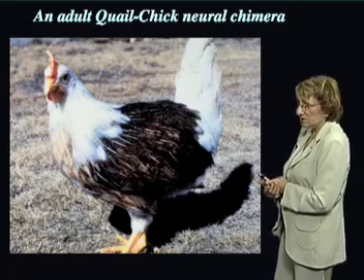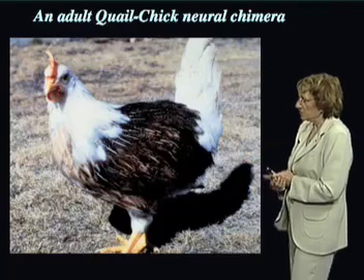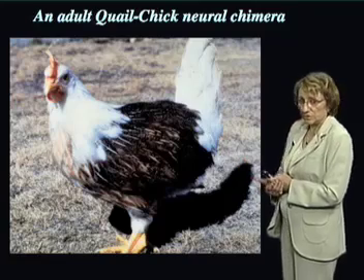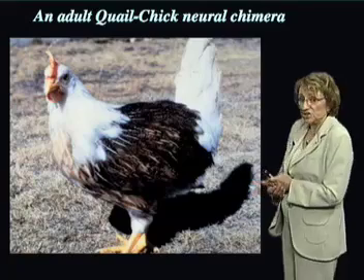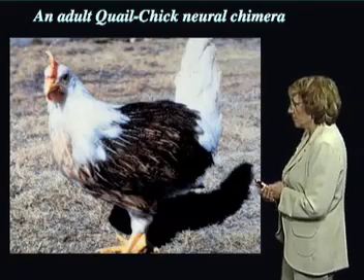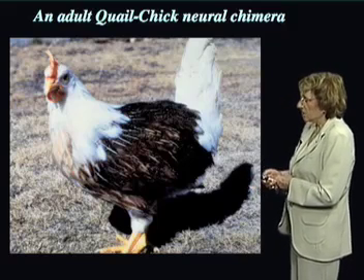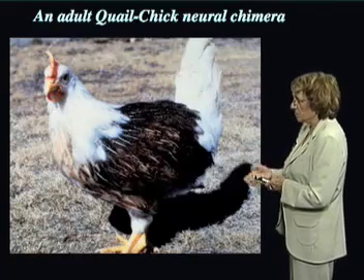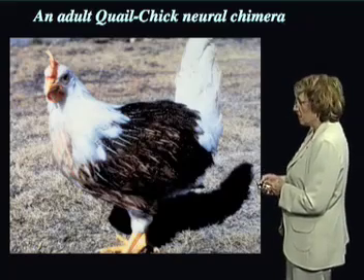Therefore, it has a normal behavior, which means that the synapses between the quail neurons and chick neurons, as well as the synapses between the quail neurons and the chick muscles, are absolutely functional, normal. And this means that this chimeric model is quite reliable to study the development of the nervous system and the development of the neural crest.